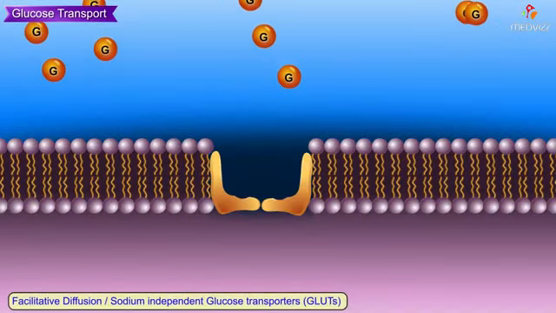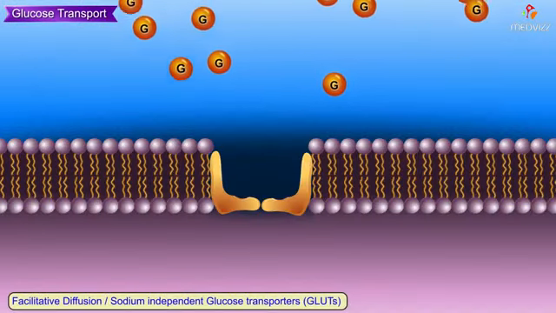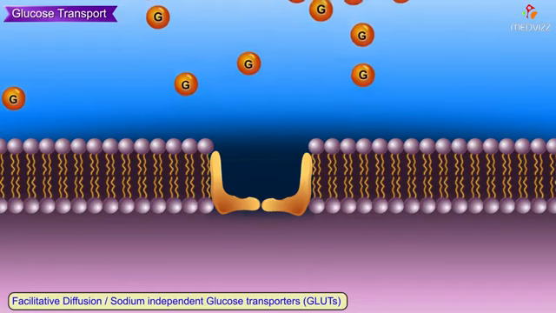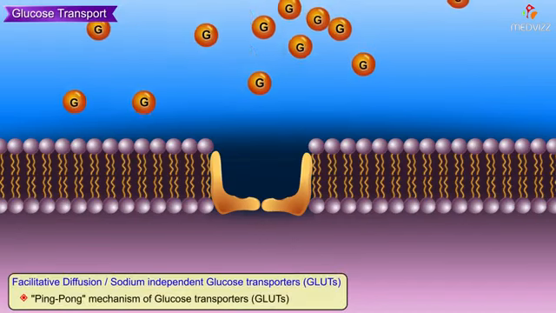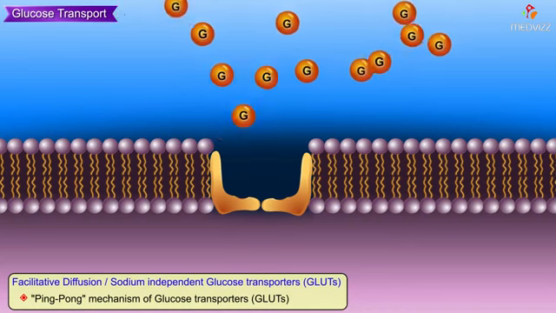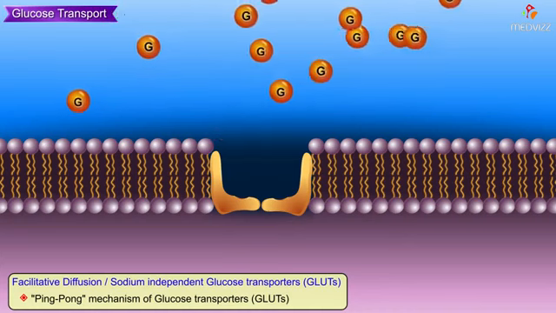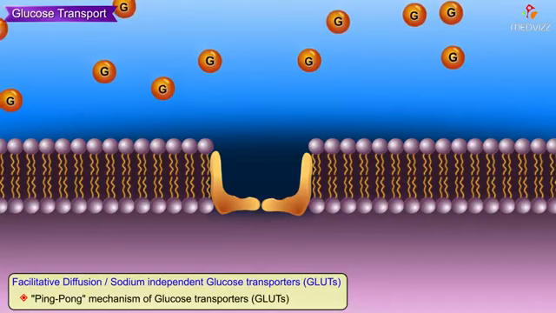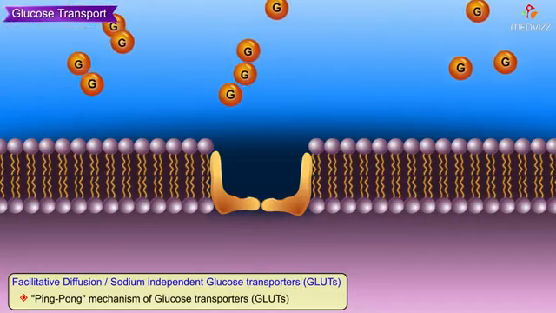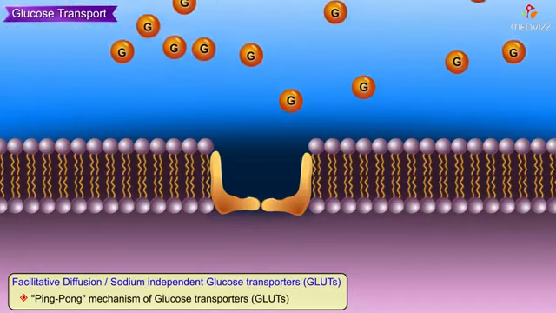Facilitative diffusion, or sodium-independent glucose transporters, GLUTs. It acts by the ping-pong mechanism. In the ping-pong mechanism, glucose transporters exist in two principal conformations of the carrier protein.